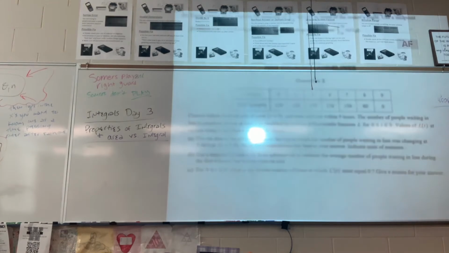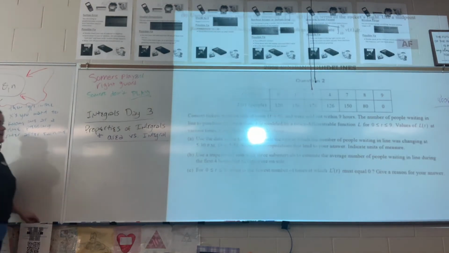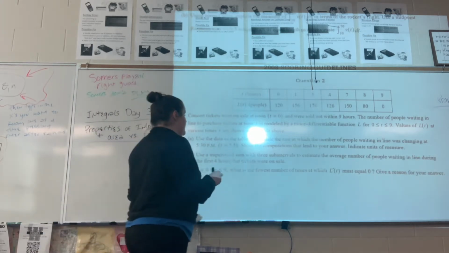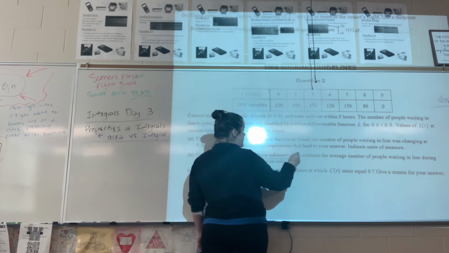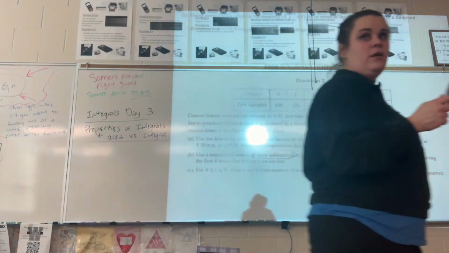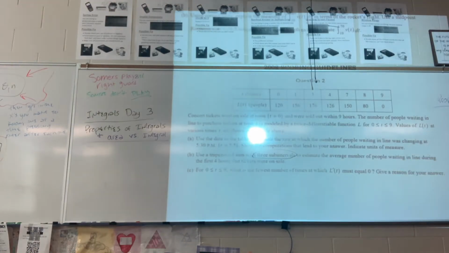Alright, so I know that I have this. It says use a trapezoid sum with 3 subintervals. Now it doesn't say anywhere in there that they have to be equal. So that tells me to use the data in the table, which means my dx's might be different, and that's okay.